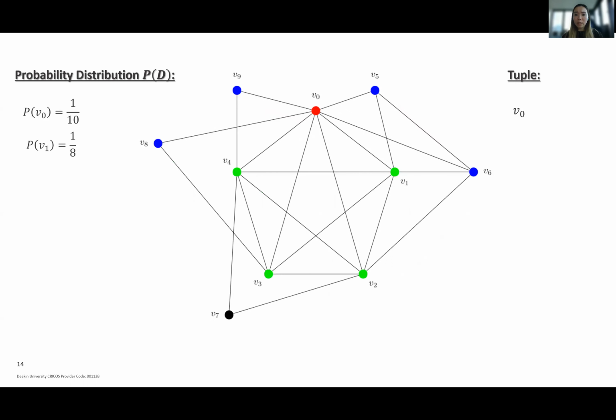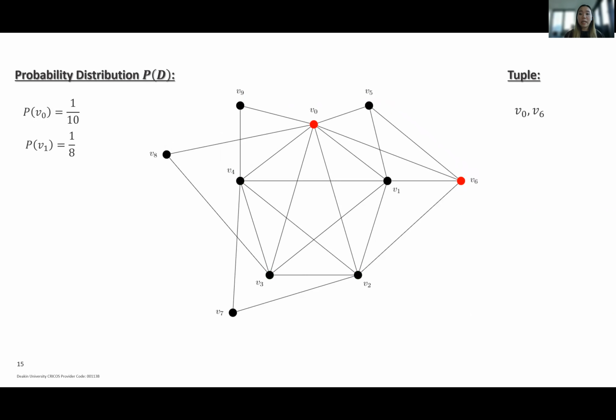If you look at the vertices colored in blue, you can almost call them forbidden, but they won't be good choices, because if you did pick any of those vertices, you're very likely to not be able to extend your tuple to get a good tuple. To illustrate this example, say I picked V6 as my next vertex, and so now I've built my tuple starting V0, V6.